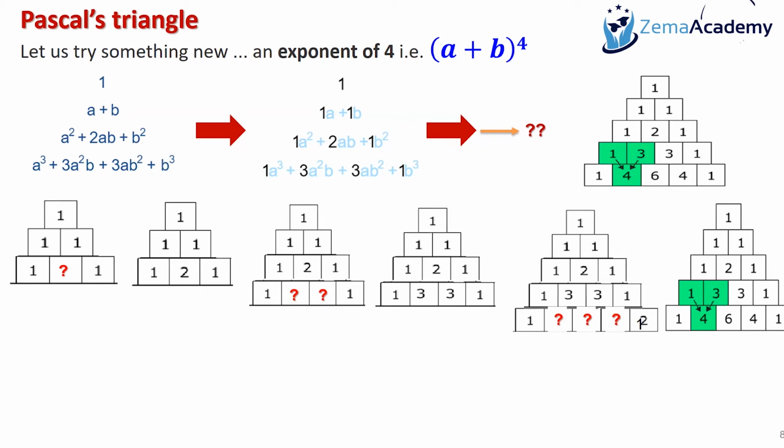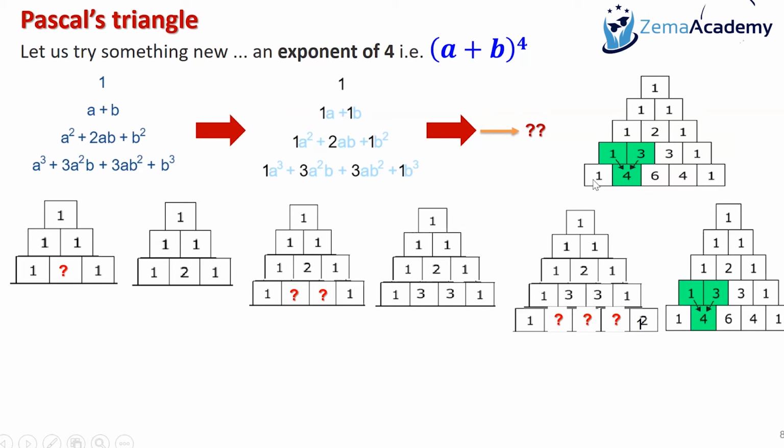Anybody want to give a try? Nobody is replying. Sorry, could you repeat that, please? I want you to put the coefficient in the expanded term. So for example, in this case, this is a cube, 3a square b, 3ab square plus 1b cube.